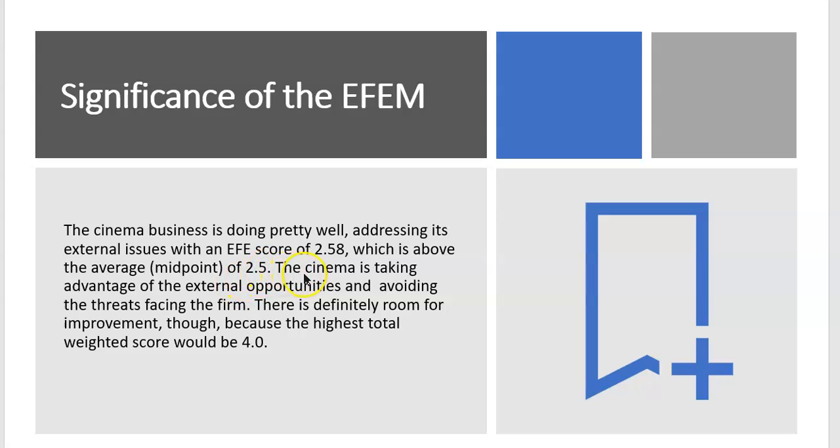So this means the cinema is taking advantage of the external opportunities and avoiding the threats. There is definitely room for improvement though, because the highest total weighted score would be 4.0. So that's about it on my brief explanation of how to construct the EFEM.